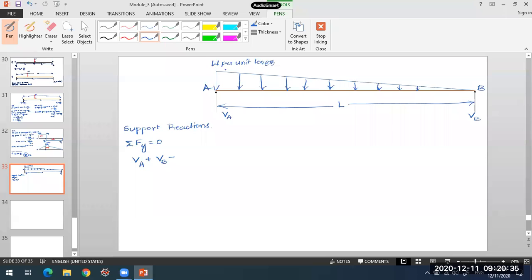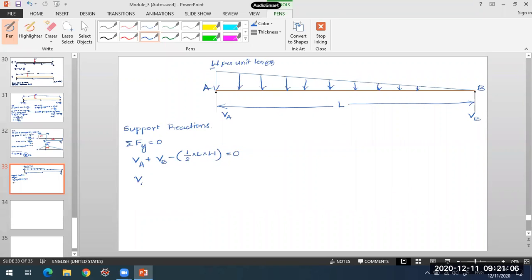Here the height of the triangle is W per unit length, the intensity itself, and the base is L, since it is spread over a length of L units. So the total load will be the area of this triangle, half into L, the base, into W, the height. So VA plus VB minus that total load should come out to 0.